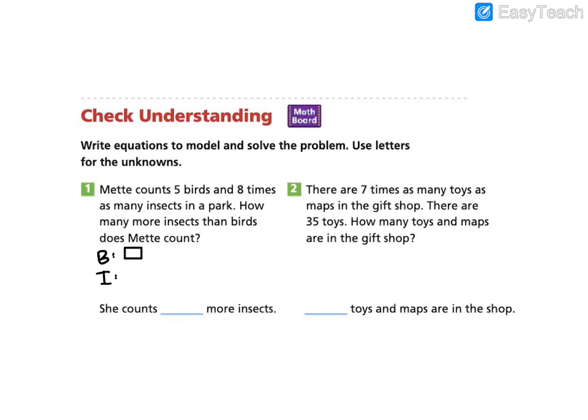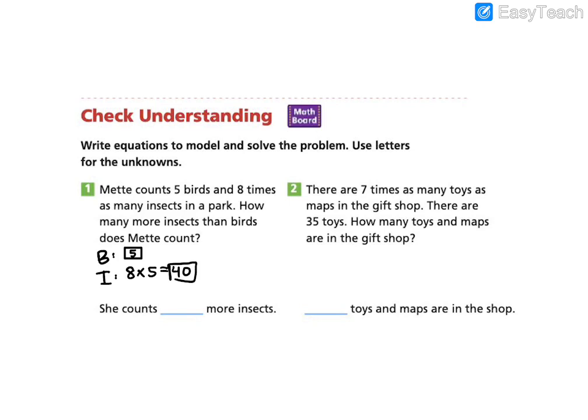She counts 5 birds and 8 times as many insects. Right, so 8 times as many as those 5 birds. So in total, she counts 40 insects and 5 birds.